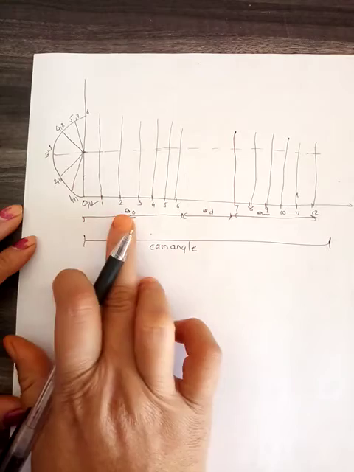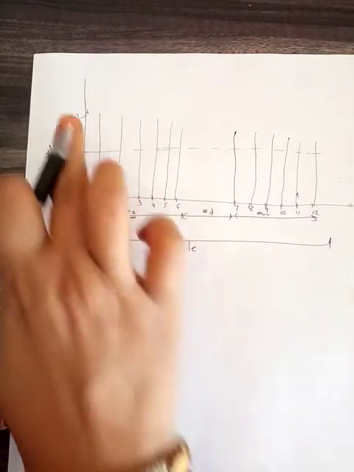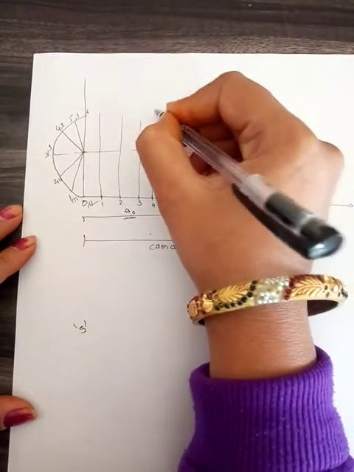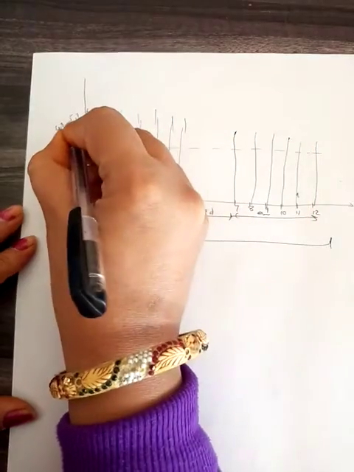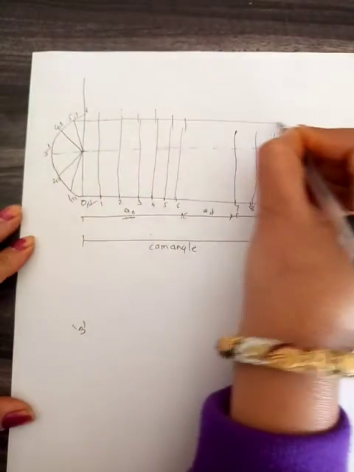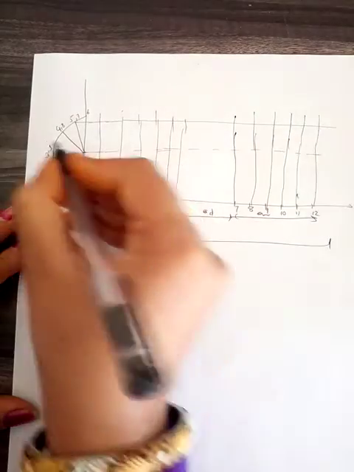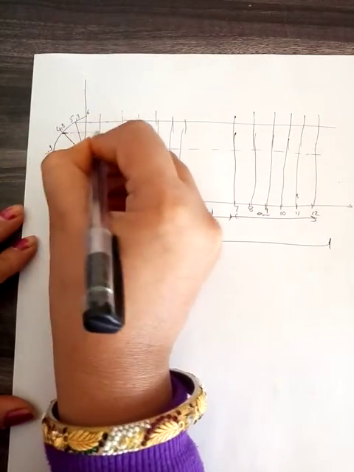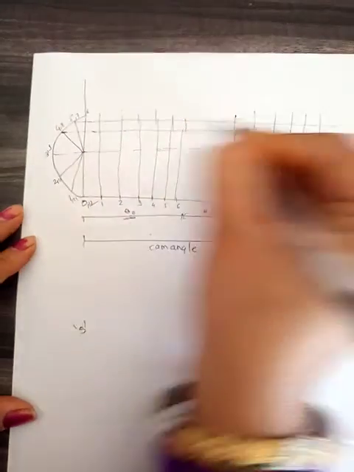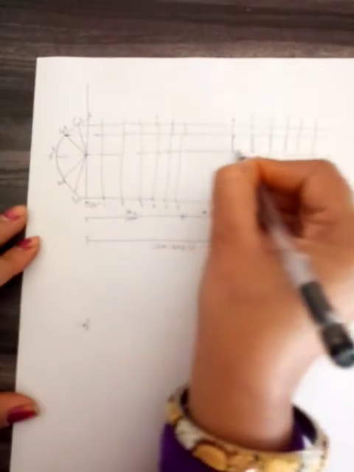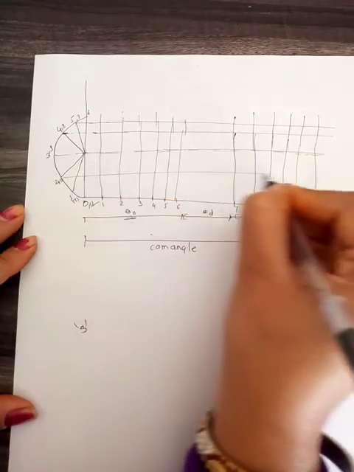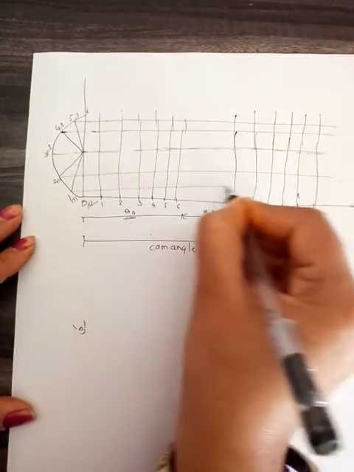This is the projection line of the cam angle. Then again projection about this. This is the projection line of the stroke of the displacement diagram, and again projections.